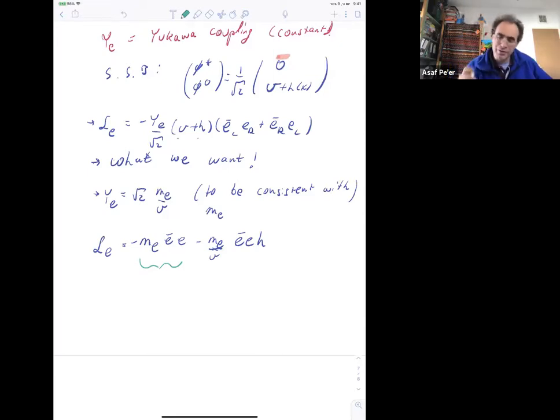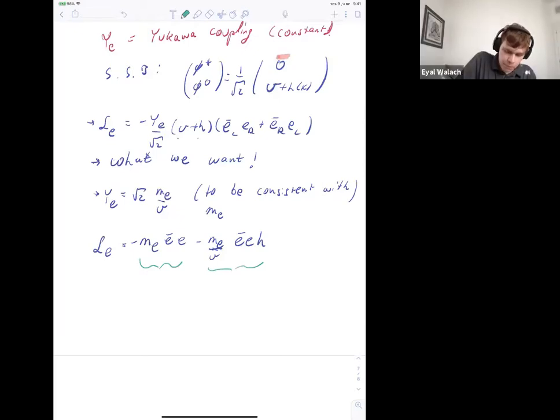But now we also have another term, this term. What is that? What does that term look like? How many particles appear here? Three, right? We have two particles in the Higgs.